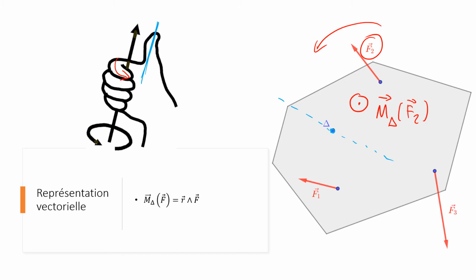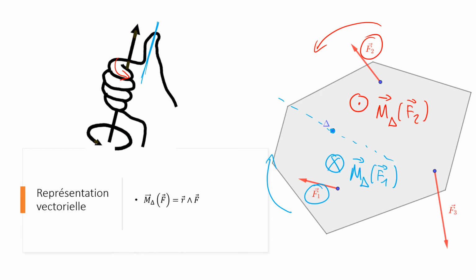Let's first look at F1. This force is trying to make it rotate in this direction, so if you use the right-hand rule around the axis delta, the torque vector is going to be pointing inwards into the plane of the body, and that's going to be the torque around the axis delta of force F1. And this is again a vector.